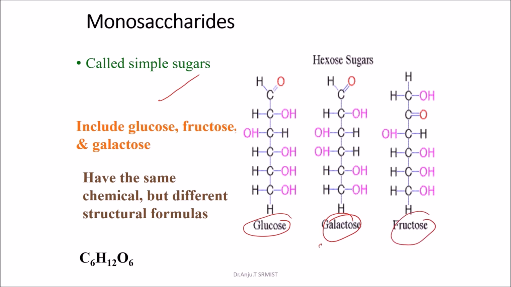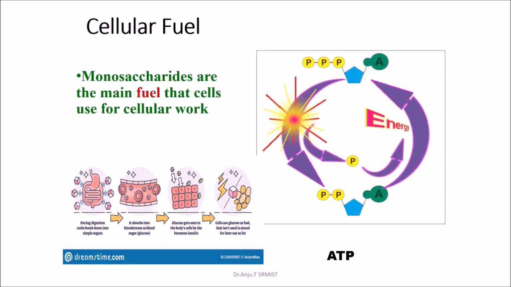They have the same chemical formula, but a different structure. Monosaccharides are the basic form of fuel in all living organisms. They are easily soluble, so they are transported to all cells by body fluids, where they are metabolized and release energy, which is used for various functions inside the cell.